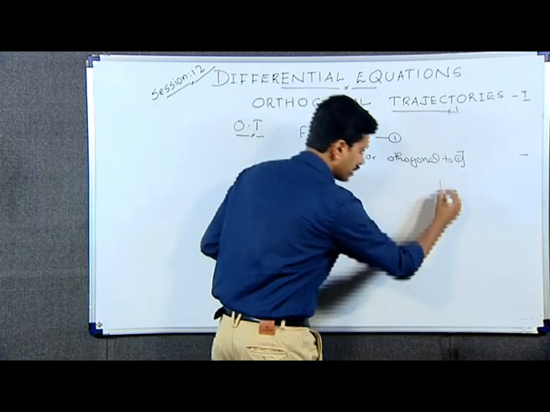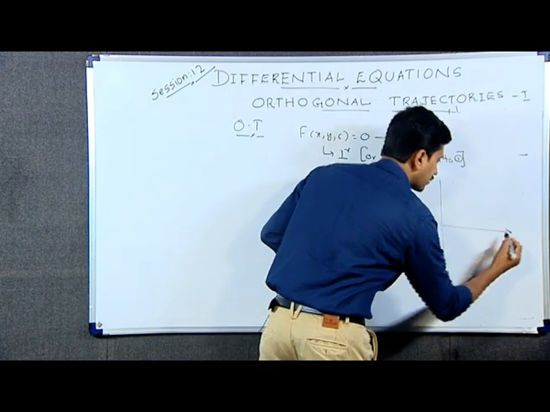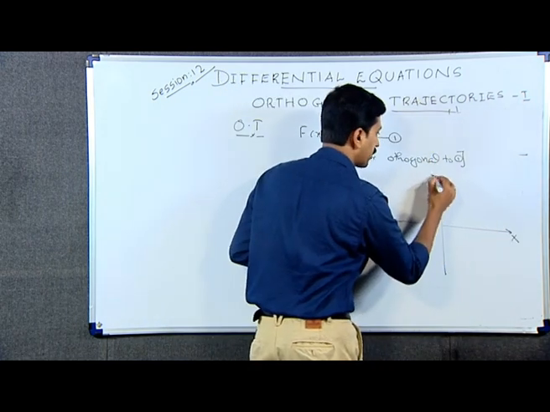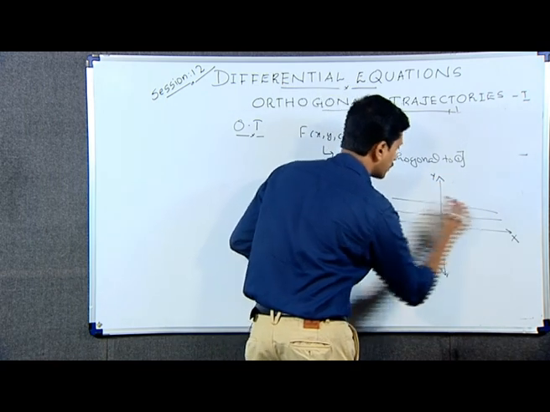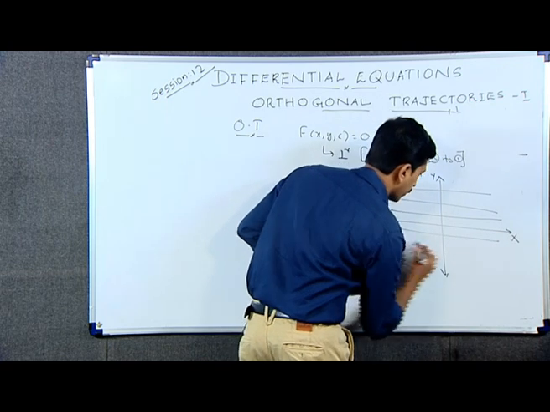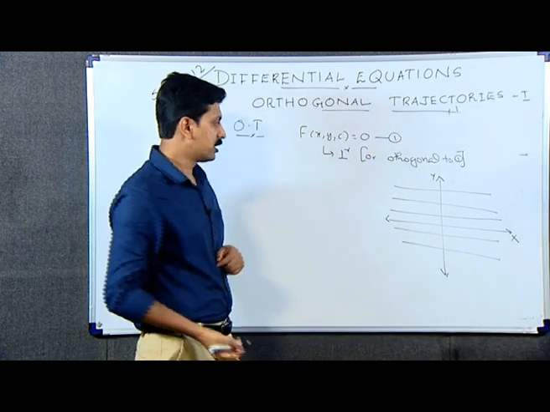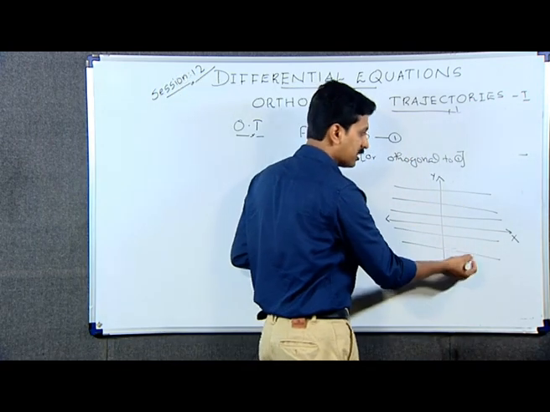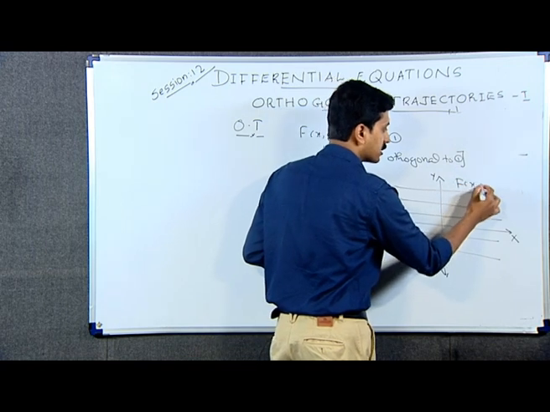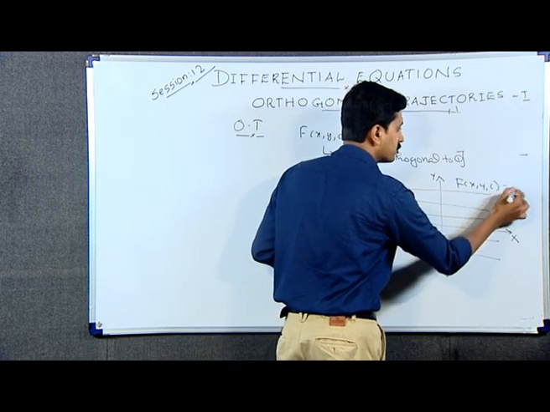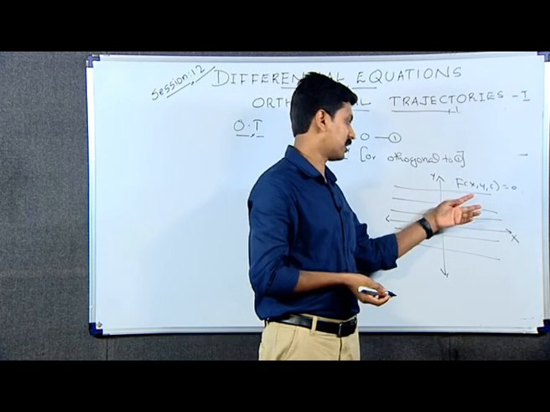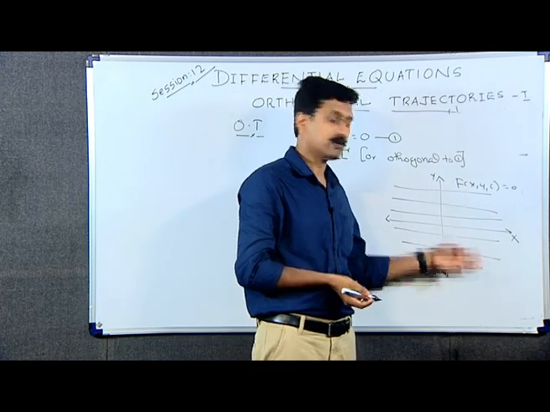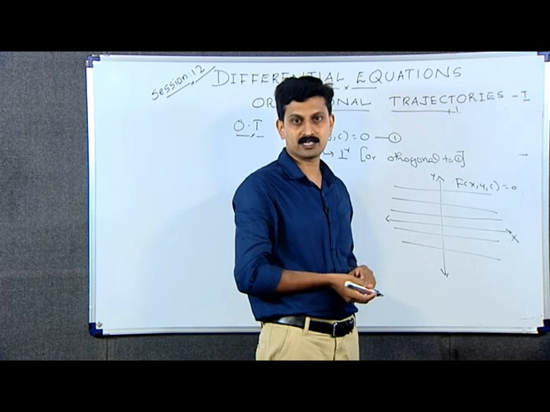See, I am writing like this. I am taking this as the x axis and this as the y axis, and I am taking a bunch of straight lines, a family of straight lines. I am treating this family as f of x, y, c equal to 0. All these straight lines are parallel to the x axis.